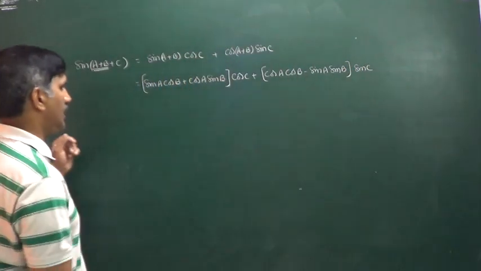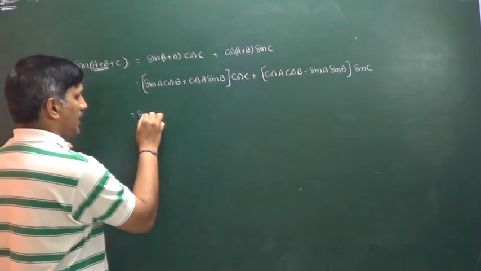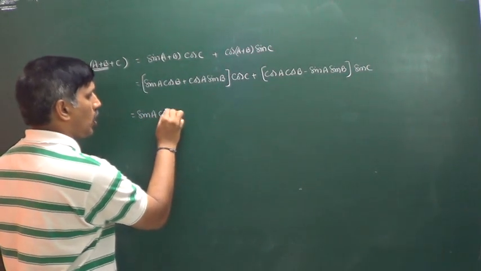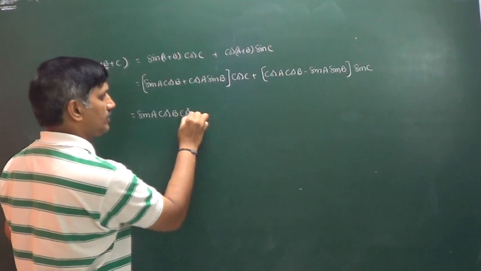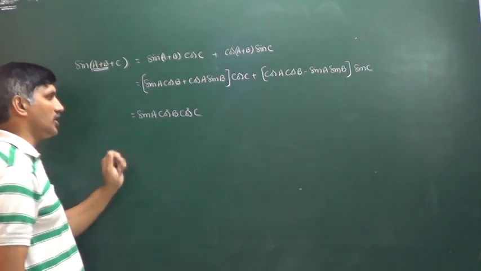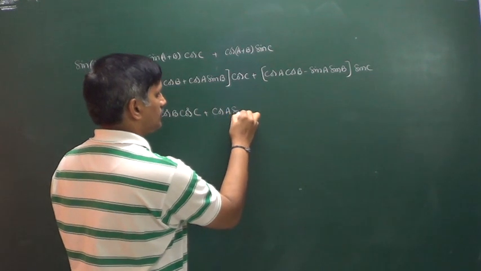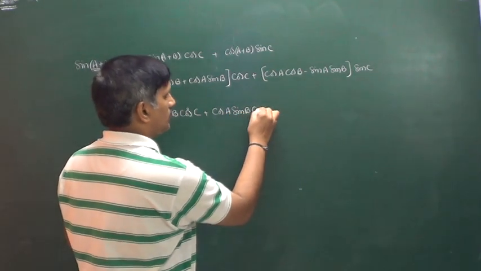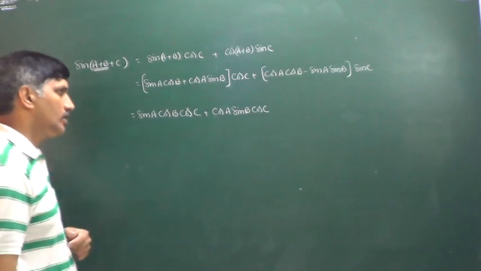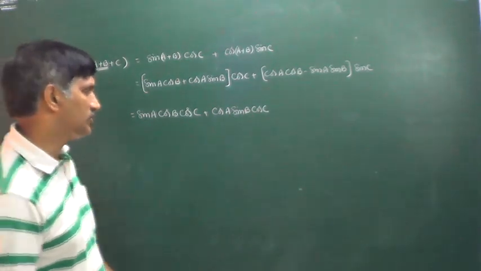Now multiply inside, then what happens here? Sin A cos B cos C. Here cos A is missing. Next, cos A sin B cos C. Here cos B is missing.